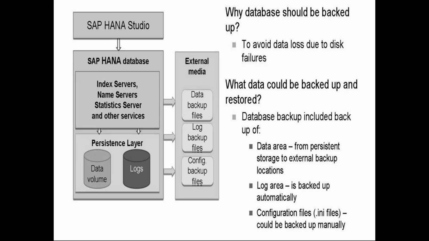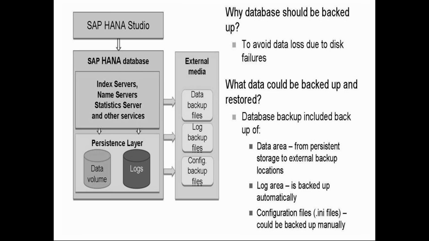So what do you back up in HANA database? Remember that we don't take any backup of the memory. Even though primarily data is stored in the memory, you can't take the backup of the memory. What you'll be taking a backup of is your persistency layer.